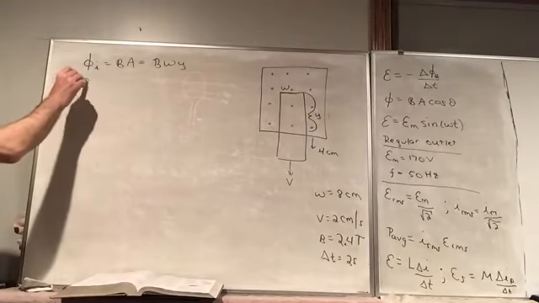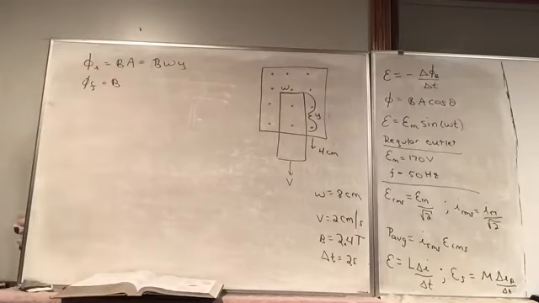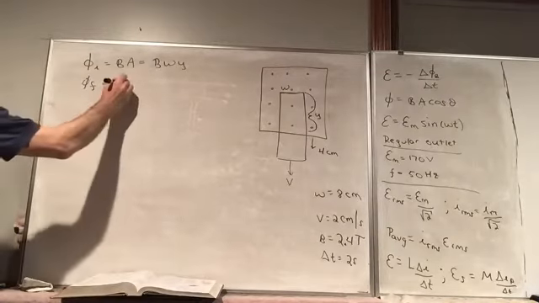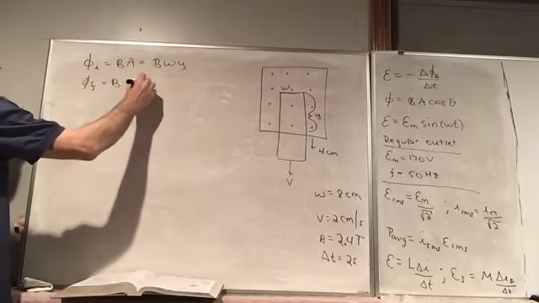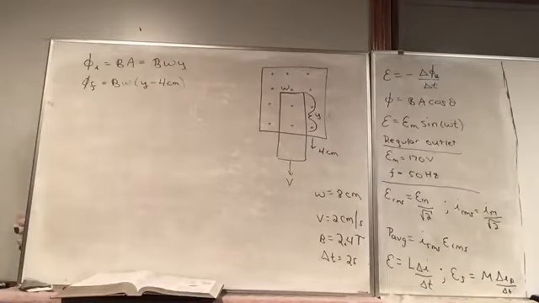So the final flux, we're going to have the magnetic field times W times Y minus 4 centimeters. So, any questions on that?